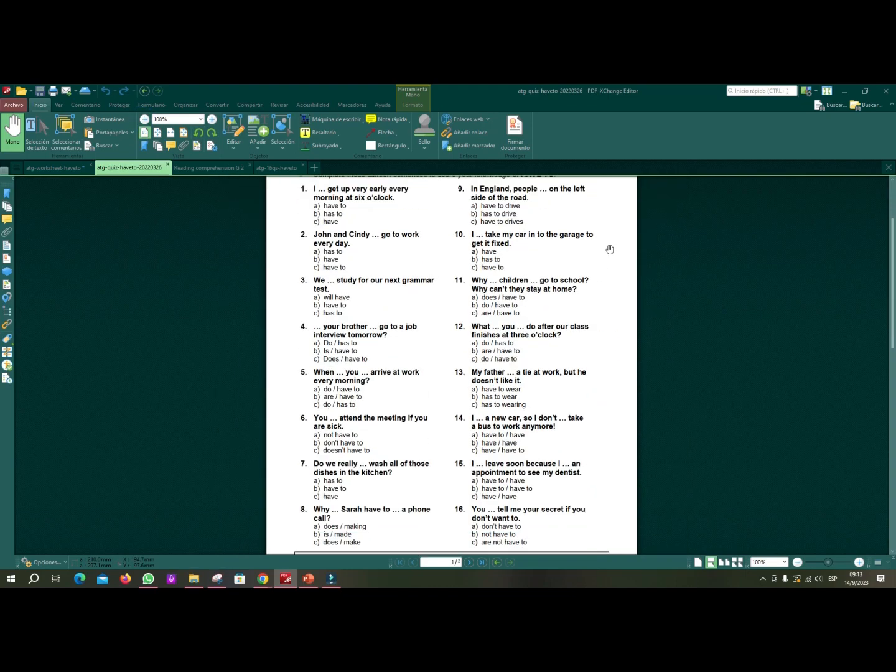Okay, there you have it. So you're going to choose the correct answer. Read the sentence and choose the correct one. For example, in the number 1, you have I blank get up very early every morning at 6 o'clock, right? There you have 3 options.